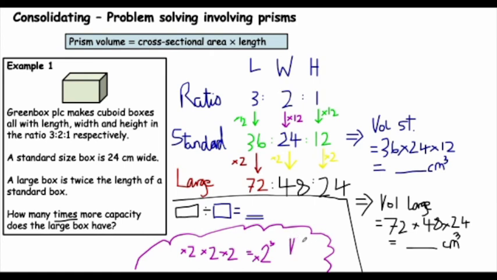That's just some future work. Volume scale factor. You don't need to know it to answer the question, but it's useful for when you're doing GCSEs. Right, let's see how this recorded.